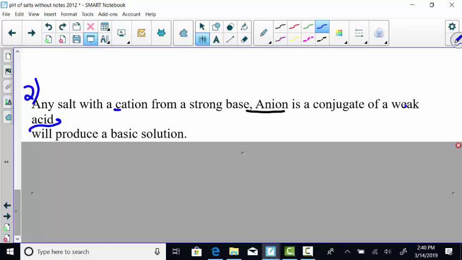Okay? So the cation, being the positive one, is from a strong base. That way we can ignore it. Okay? And what you have to do is look at the negative ion, and if that's the conjugate of a weak acid, it's going to produce a basic solution.